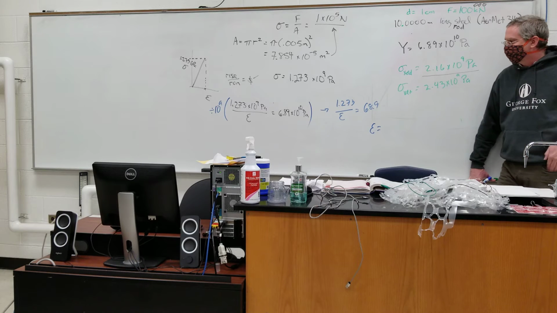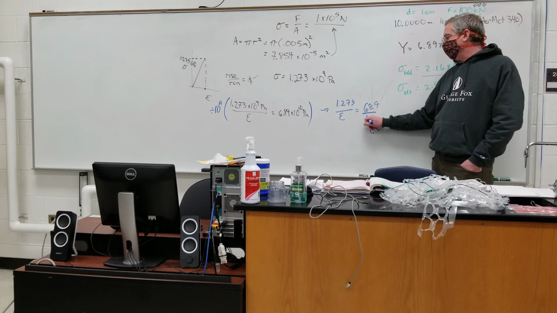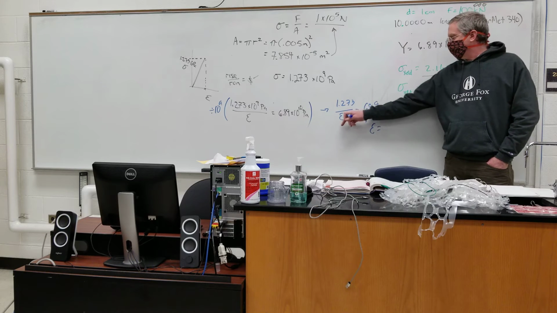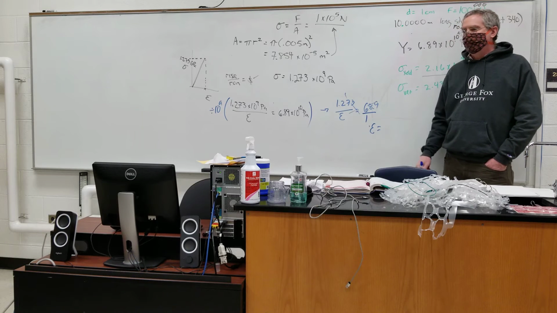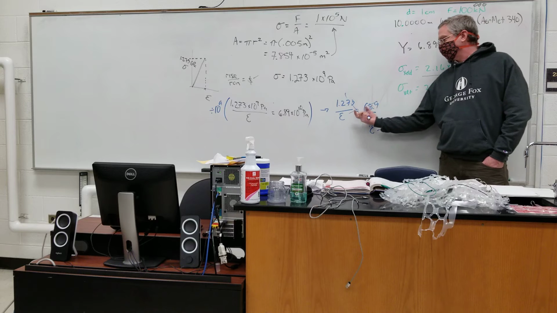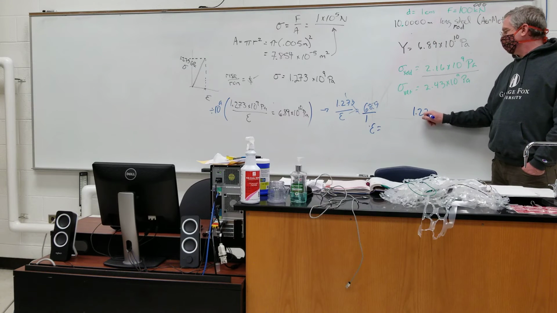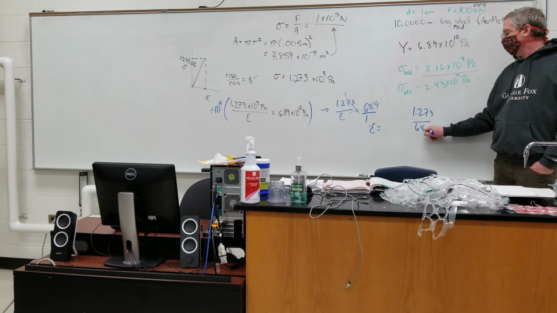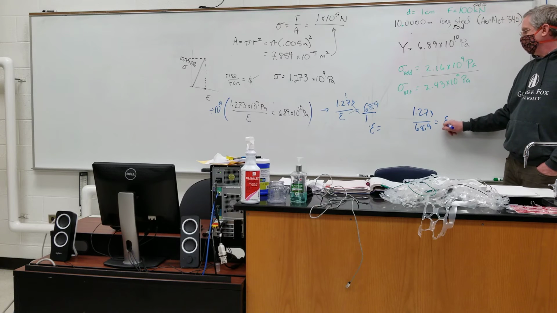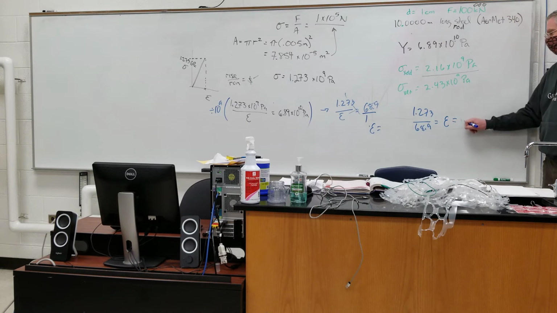Anything over 1, and now I'm cross multiplying, so this diagonal equals that diagonal. The commutative property holds, so I can flip across the diagonal. And so 1.273 divided by 68.9 is equal to my strain, which is 0.0185.